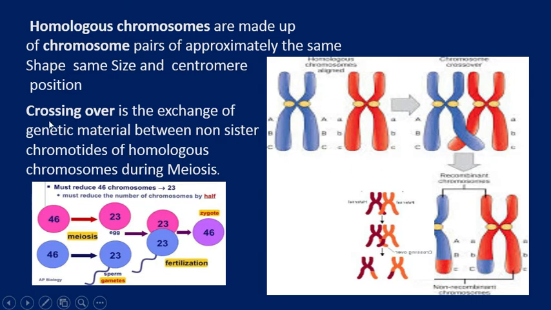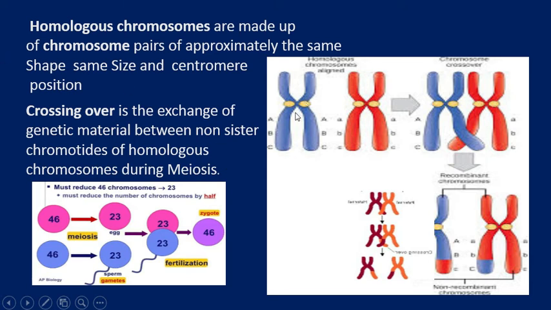Another term is crossing over. Crossing over is the exchange of genetic material between non-sister chromatids of homologous chromosomes during meiosis. So this crossing over takes place during meiosis.